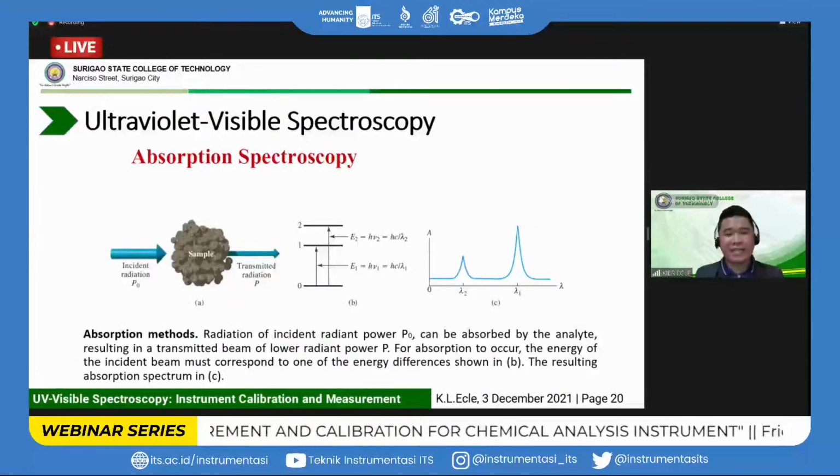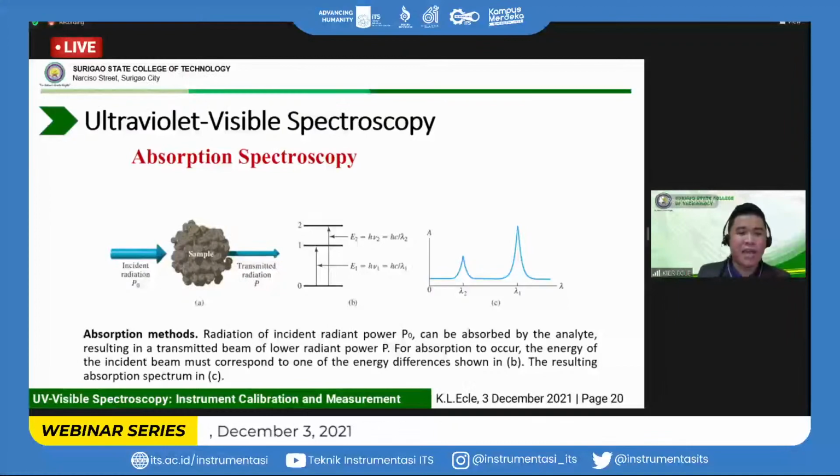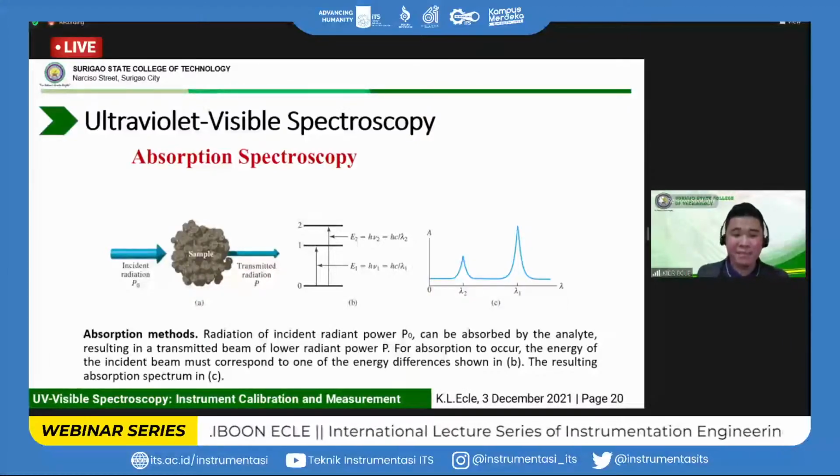So how is light absorbed in the sample? We have here absorption spectroscopy. We have the incident radiation that is labeled as P sub 0, or the incident radiation power.